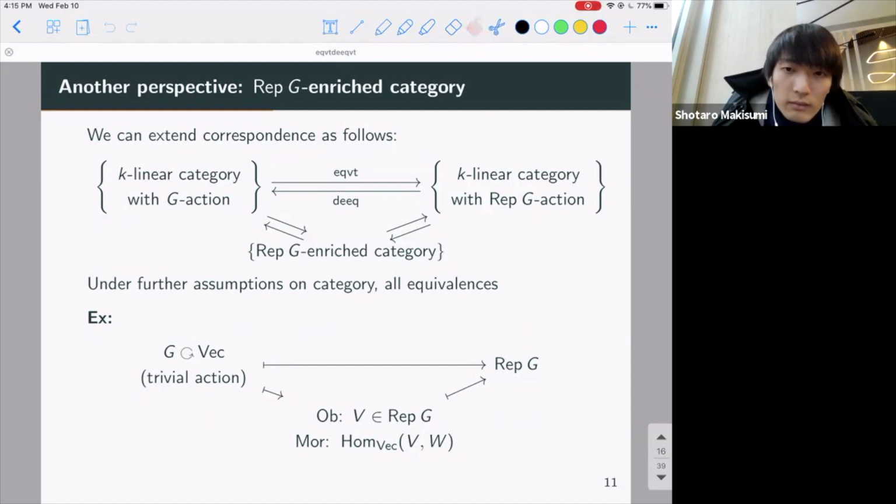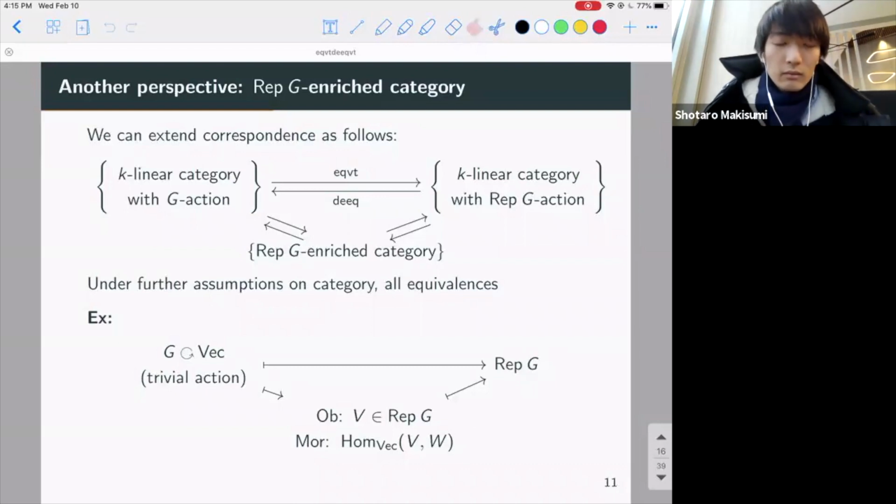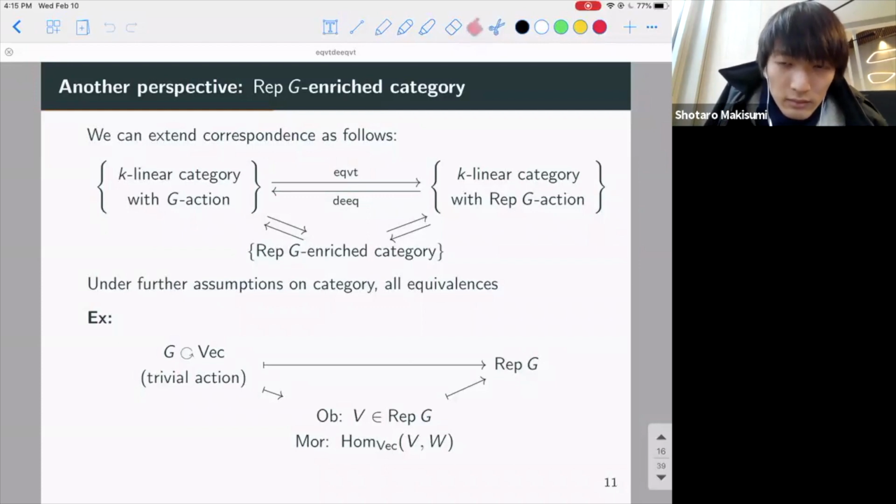You would have your original category with extra structure, and when you extend scalars from k to k[epsilon]/epsilon squared, there you would have an action of the group that you derive from your Lie algebra, from the k[epsilon]/epsilon squared points of your group scheme, of your formal group scheme.